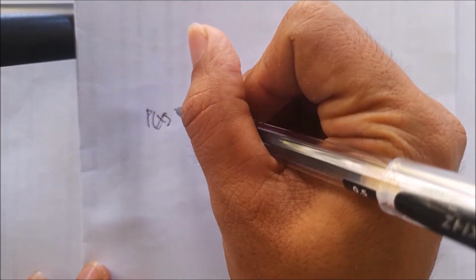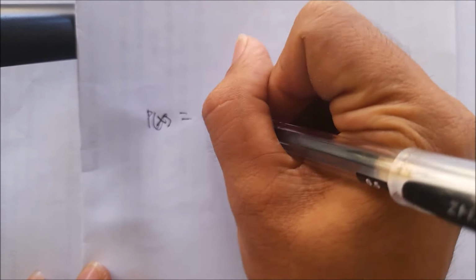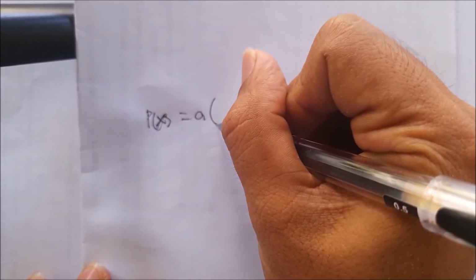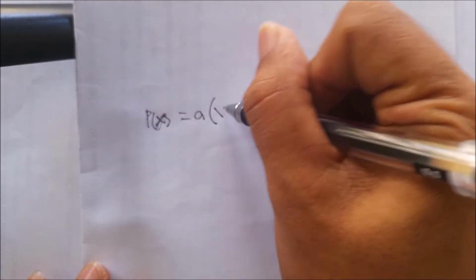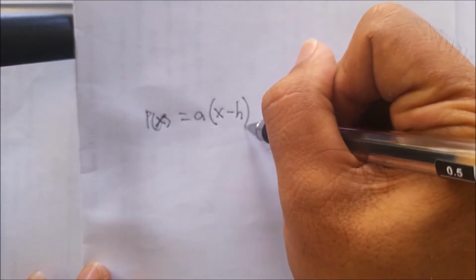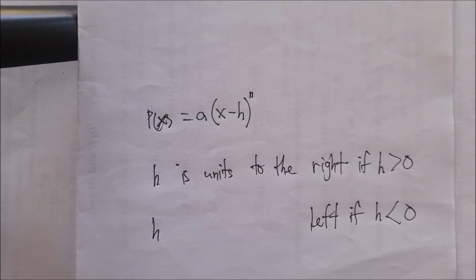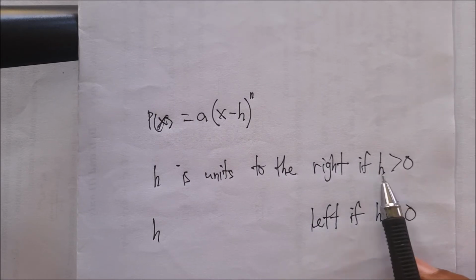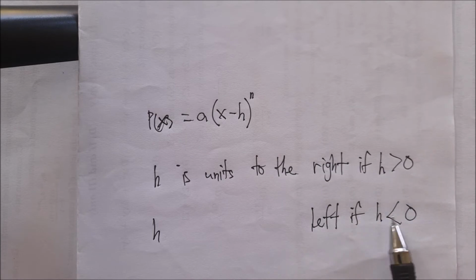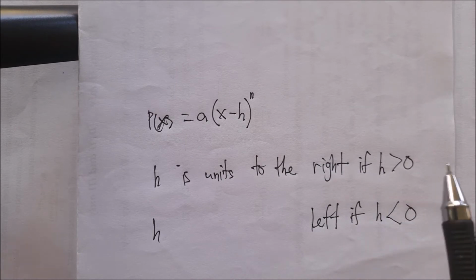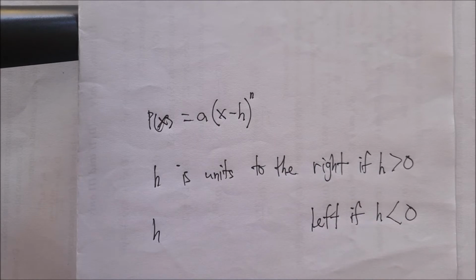How about if the equation is p of x equals a, open parenthesis, x minus h, close parenthesis, raised to the power of n. We can determine the moving of the graph: it moves to the right if h is greater than 0. If h is less than 0, the graph moves to the left side.